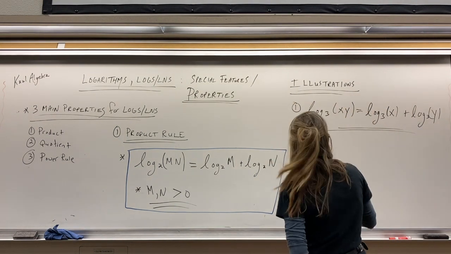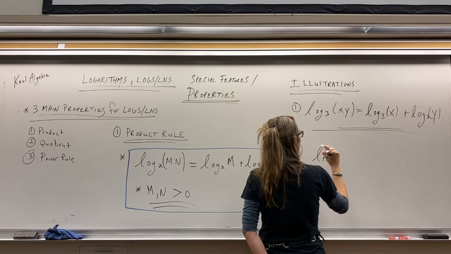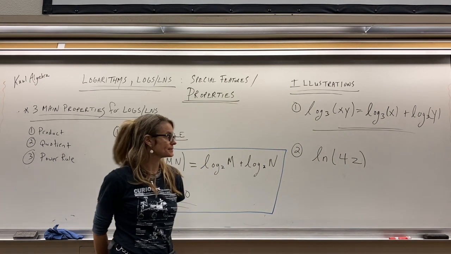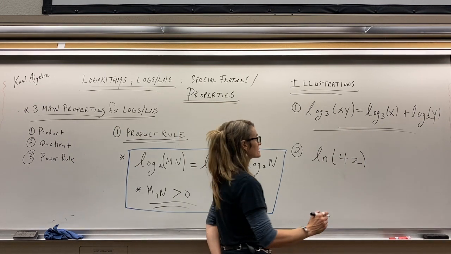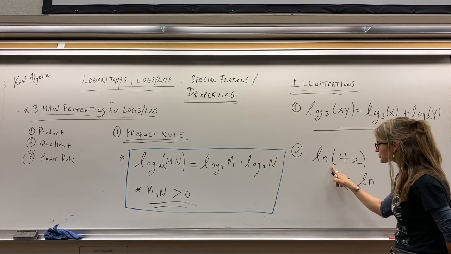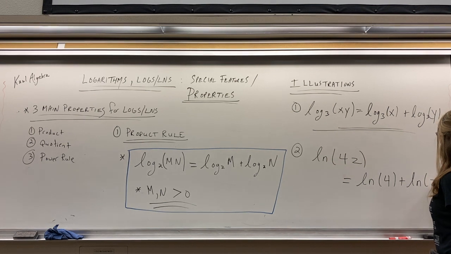And let's say I had 2 ln of 4z. It works for natural logs as well. This is the same thing as saying ln, remember there's an understood base e here, ln of 4 plus ln of z.